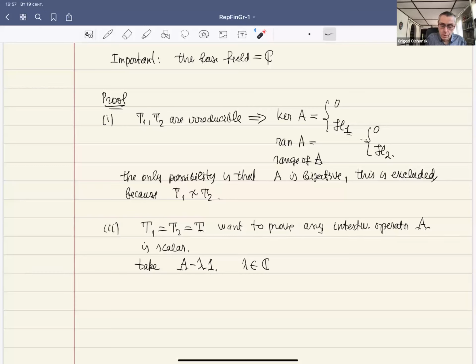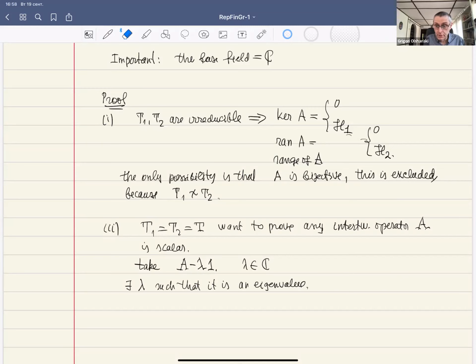Okay? So because the field is algebraically closed, there exists some lambda such that it is an eigenvalue. But in this case, we get some invariant subspace.